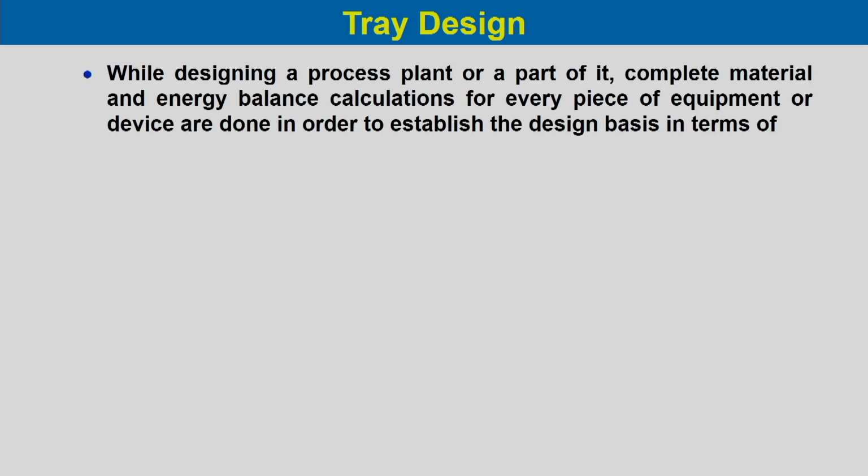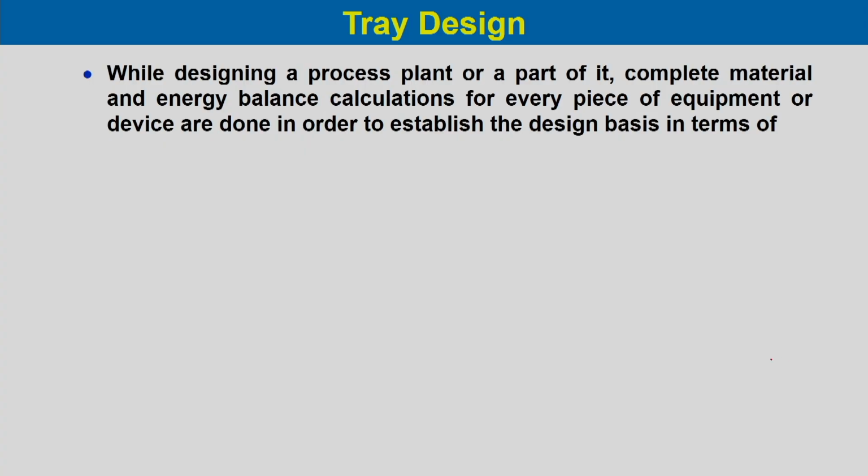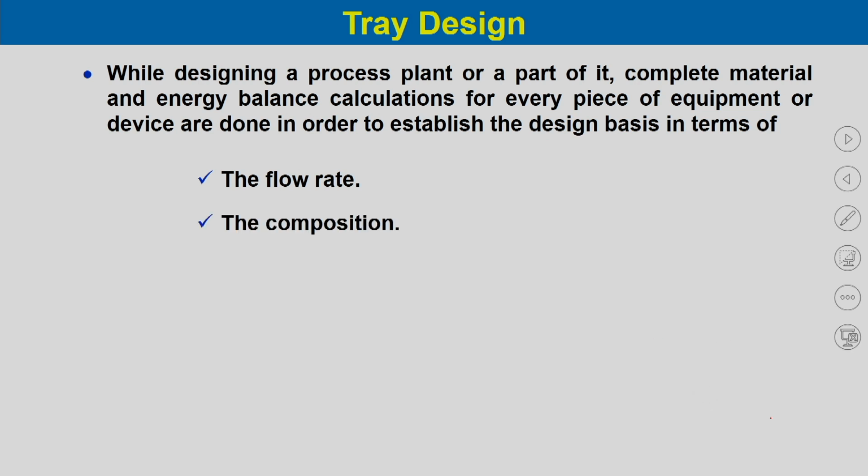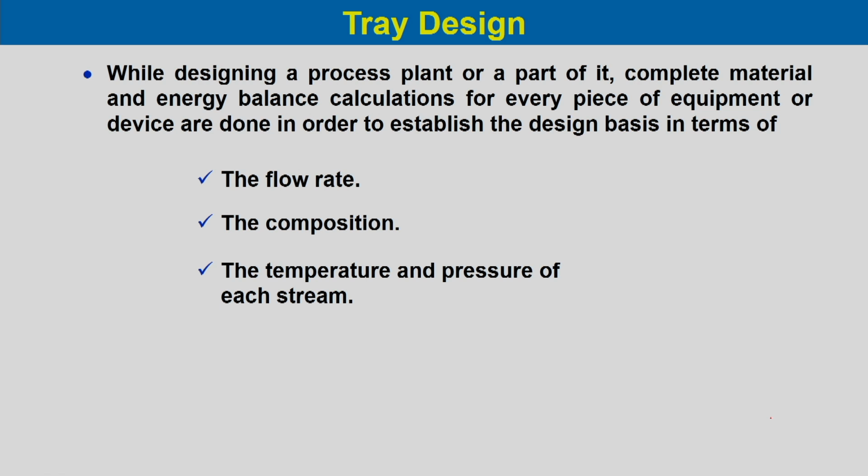While designing a process plant or a part of it, complete material and energy balance calculations for every piece of equipment are required, and this can be established for the design only when we have certain parameters in our hand. One of them is the flow rate, which is known to us. Then we need to know the composition of the mixture, both the liquid phase composition and the gas phase composition, and the temperature and pressure of each stream, both the gas and the liquid stream.